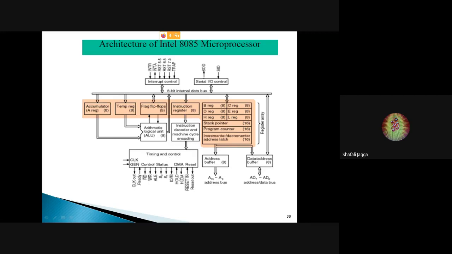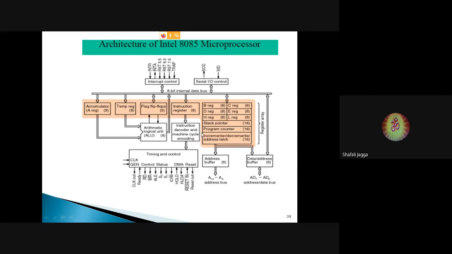Then we talk about the hold signal. Hold signal is the hold request which is given to the 8085 microprocessor. Don't get confused: the hold signal is not used to hold the microprocessor.